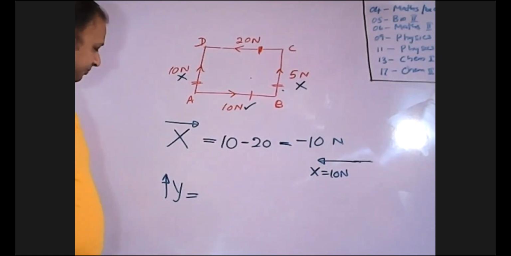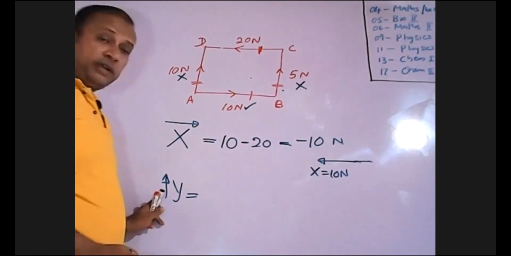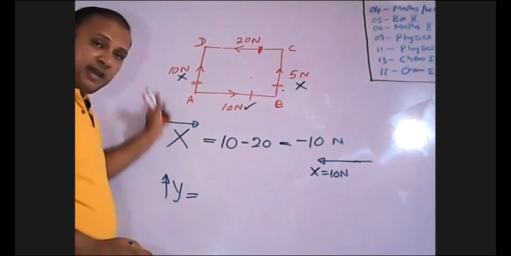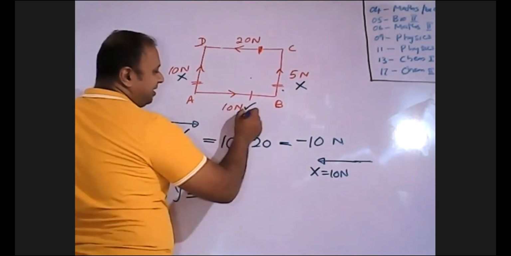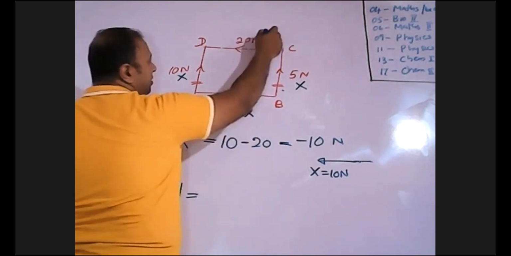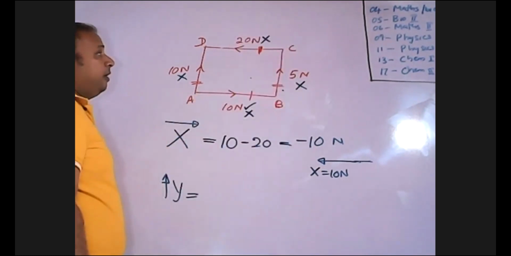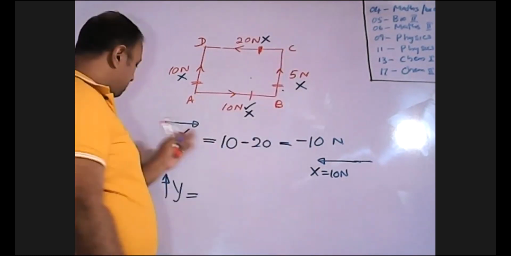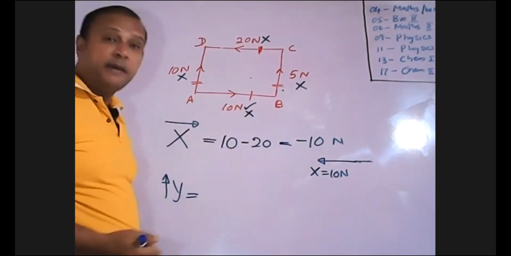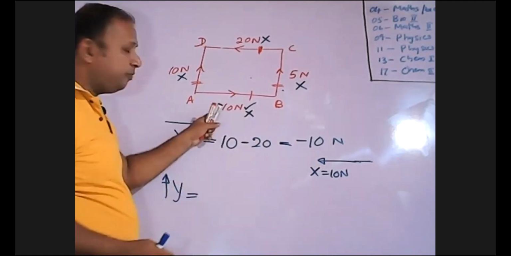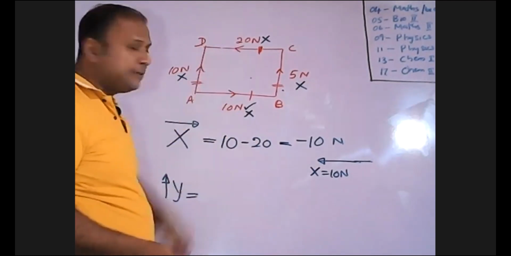Then y. I have taken the positive y in the upward direction. Then you can clearly see these forces won't be applied for y direction because they are perpendicular to y direction. Therefore, there won't be any components from these vectors.